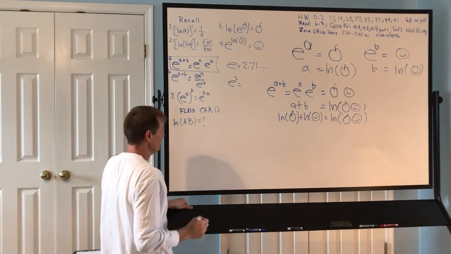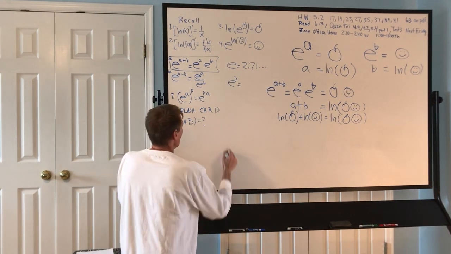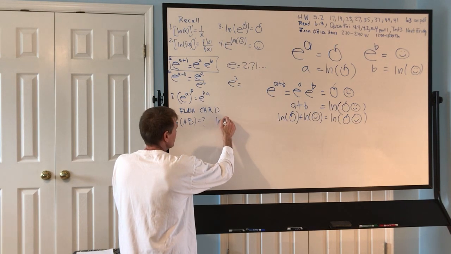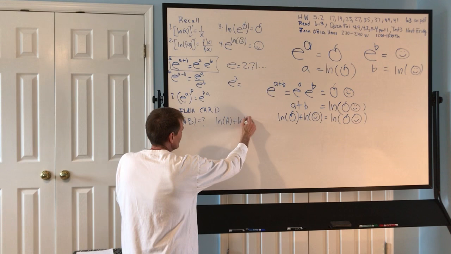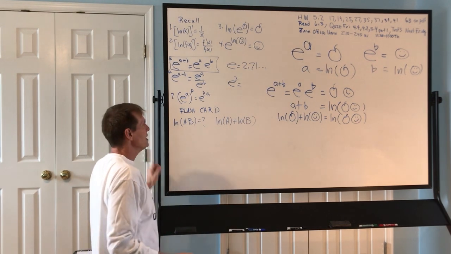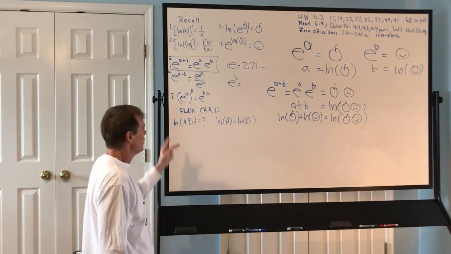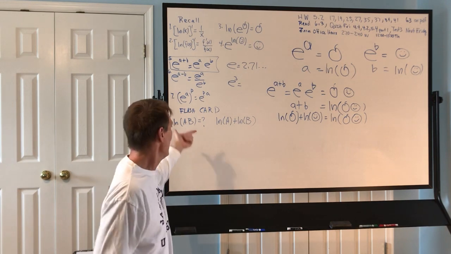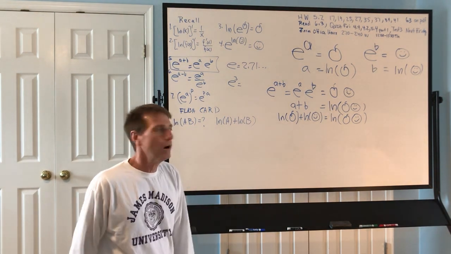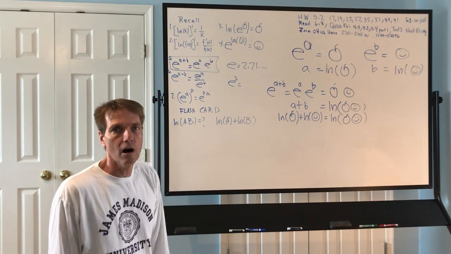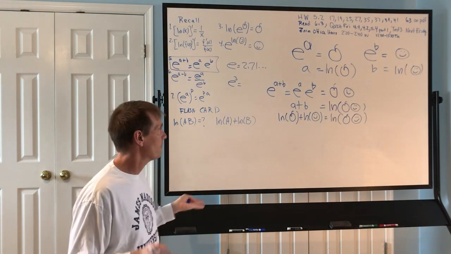That's the front of the flashcard. On the back, that's equal to the natural log of a plus the natural log of b. So if you have the natural log of a product, it's equal to the sum of the natural logs of the things that you're taking the product of. And that's the first property.